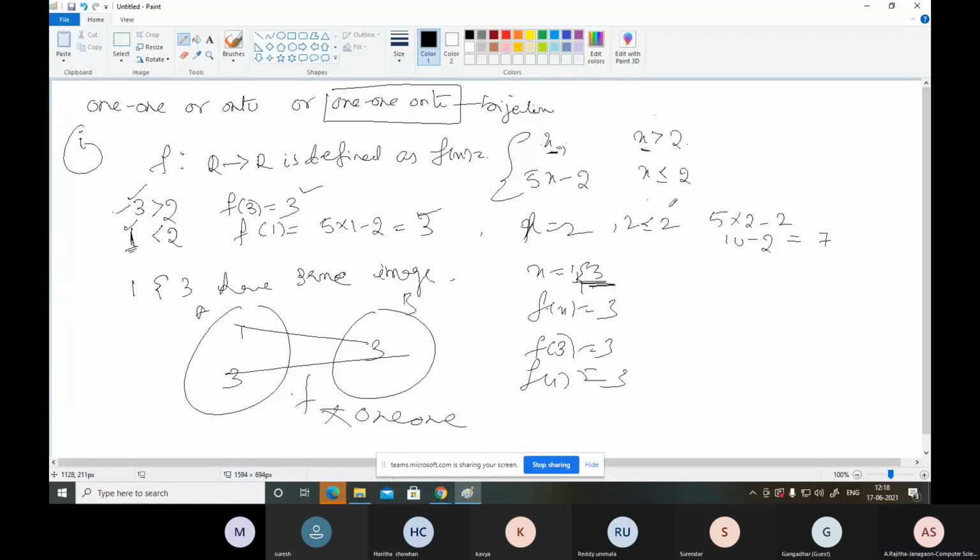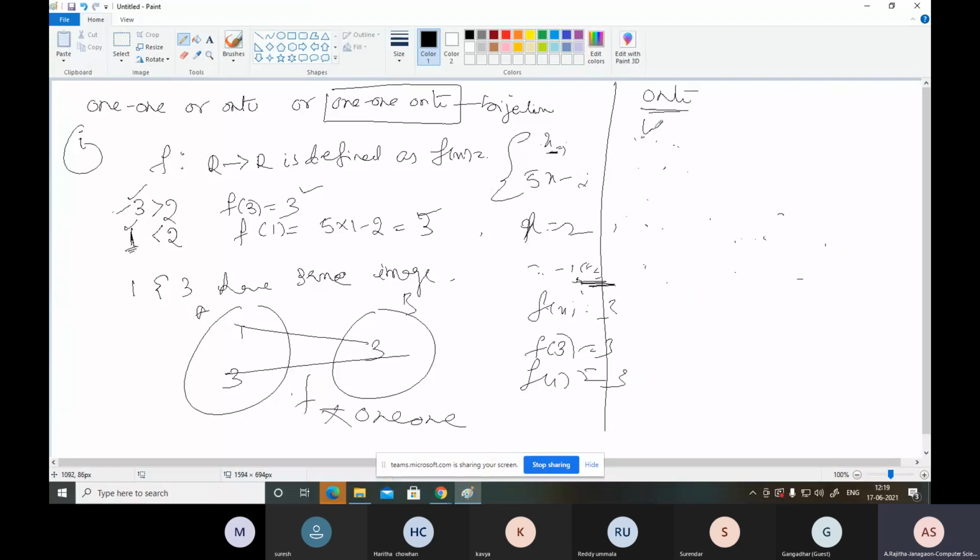Suppose you can assume that, let... so now you can check whether this function is onto or not.